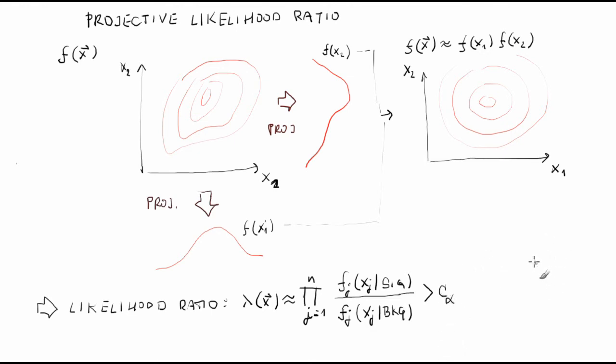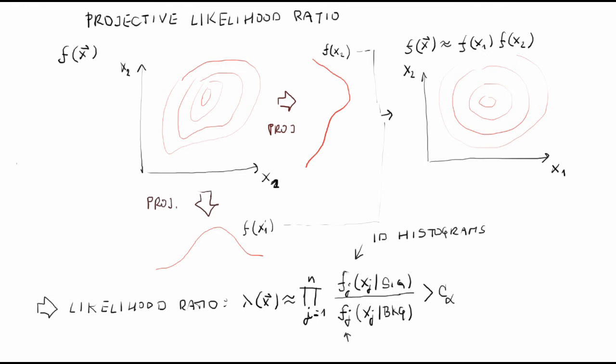Obviously, the PDFs for the individual variables, the 1D shapes, are estimated with 1D histograms filled with Monte Carlo events. The gain is obvious. Instead of filling an n-dimensional histogram, you just fill n one-dimensional histograms, each of them with the full set of Monte Carlo events.